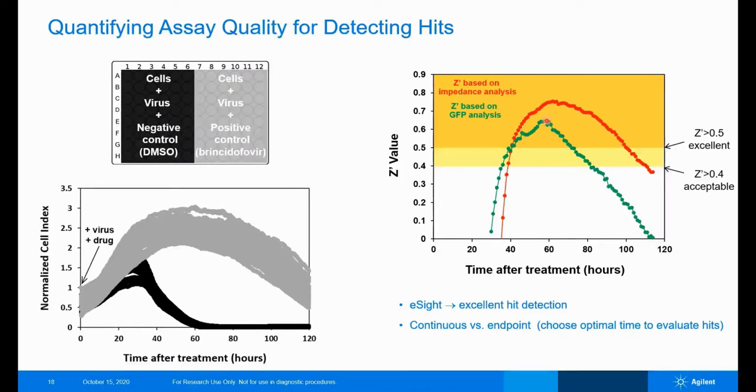The other thing to note is the window over which the Z prime score remains excellent. It is larger when you're using impedance than when you're using the image-based readout. For impedance, it remains excellent between 40 and 100 hours, whereas for the imaging readout, it remains excellent between 40 and roughly 70 hours. I don't have time to discuss that now, but I would be happy to address that during the question and answer period if anyone's interested.